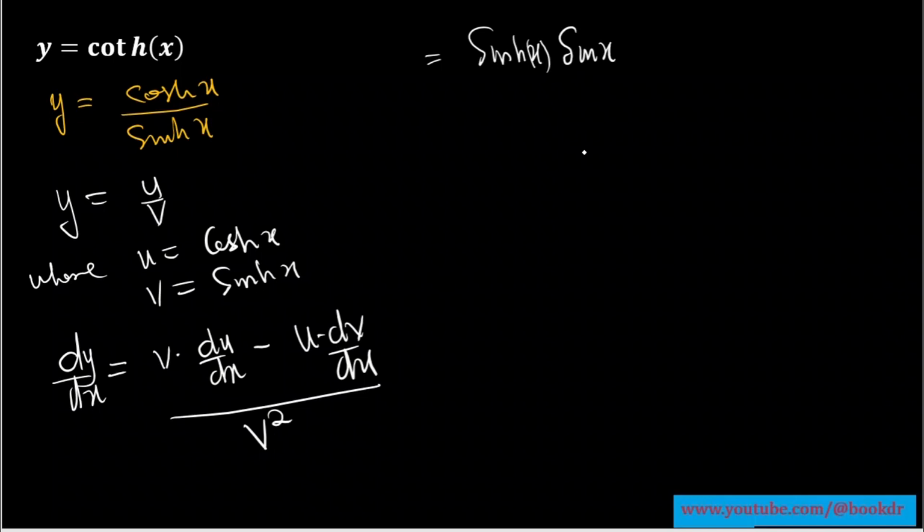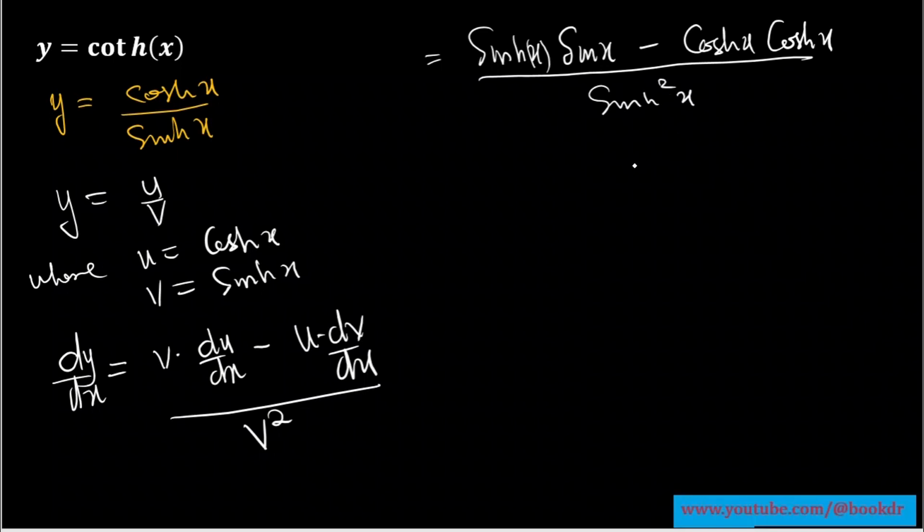Then minus u, which is cosh x, times dv/dx, the differentiation of sinh x, which also gives cosh x, all over sinh squared x.